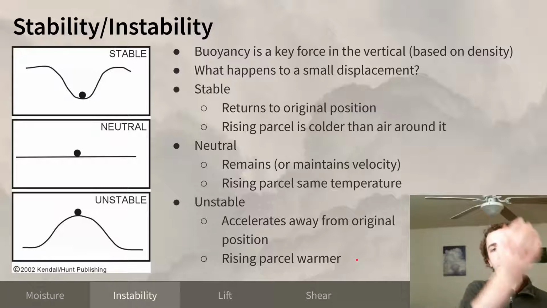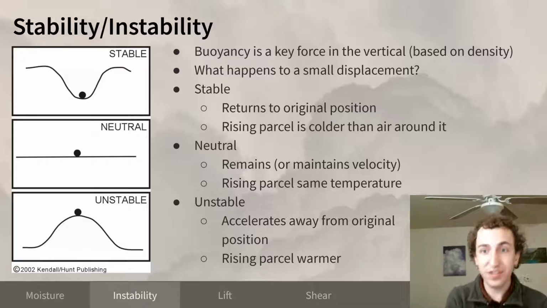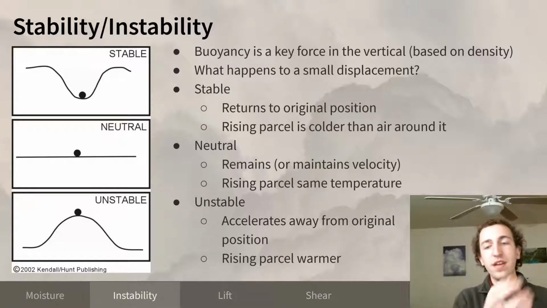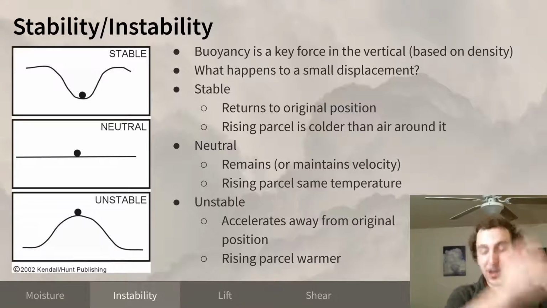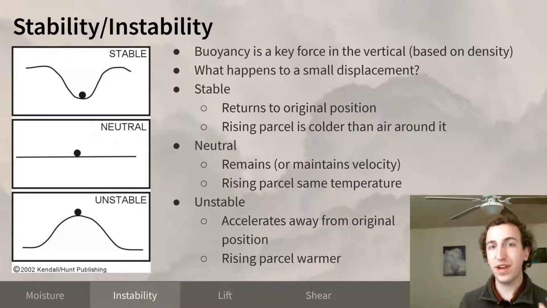If you have a rising parcel that ends up warmer than the air around it, that means it's less dense and it's just going to keep on going upward. Flip side of that again, if you have a sinking parcel that ends up colder than the air around it, that means it's more dense and it's going to continue sinking even more. So that's unstable. It tends to accelerate away from the original position.